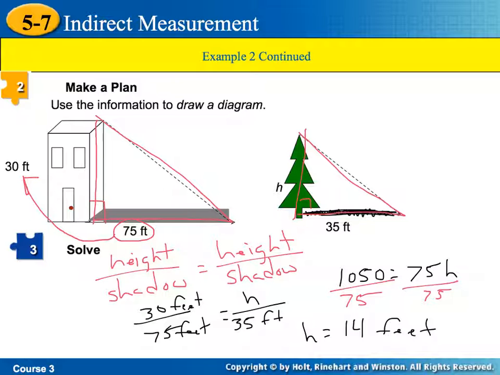Same thing with your tree. 35 is our shadow, and 14 feet is a little less than half of 35. So it does make sense here. If you had a huge number like 1,050, that tree's not going to be 1,050 feet high. So make sure that your answers make sense. Don't forget, label. Awesome.